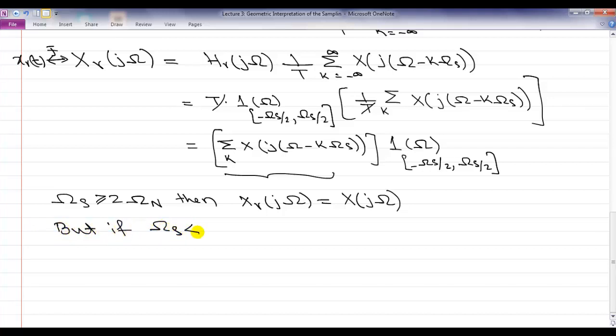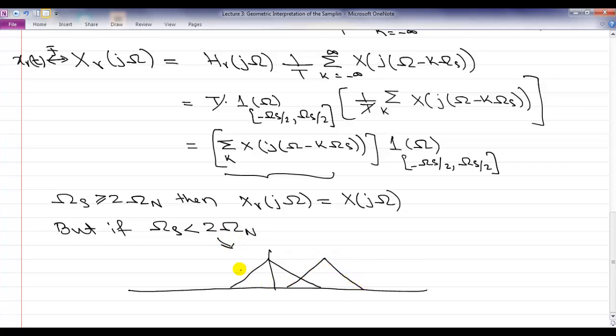But if this does not happen, if ω_s is less than 2ω_N, then what happens to X_r(jω) really depends upon what your X(jω) is. Some of these summations, even beyond the one for k equal to 0, can survive. So if we take our example of the triangular Fourier transform, then we will have these overlaps.